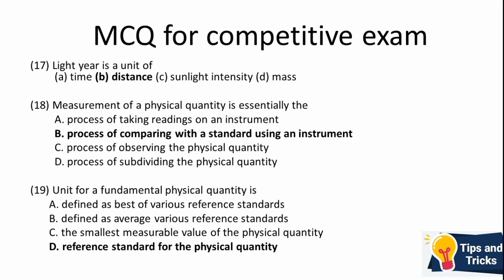Now the question number 18, the measurement of a physical quantity is essentially the, options given are option A, the process of taking readings on an instrument, option B, process of comparing with the standard using an instrument, option C, process of observing the physical quantities, option D, the process of subdividing the physical quantity.